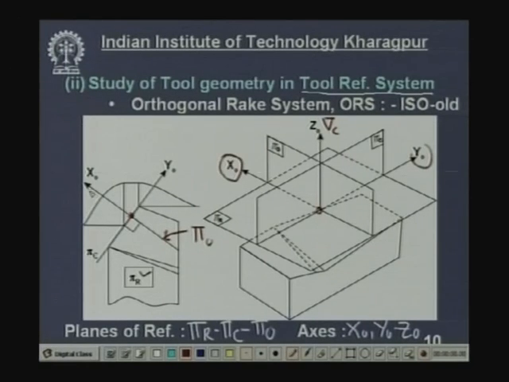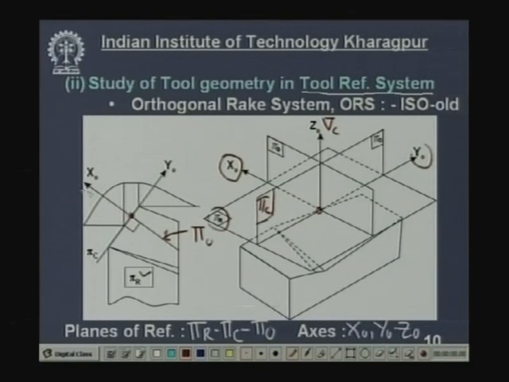Now, this plane is cutting plane perpendicular to pi r. This is the pi r plane, and this is the cutting plane perpendicular to that. This is pi c, cutting plane.